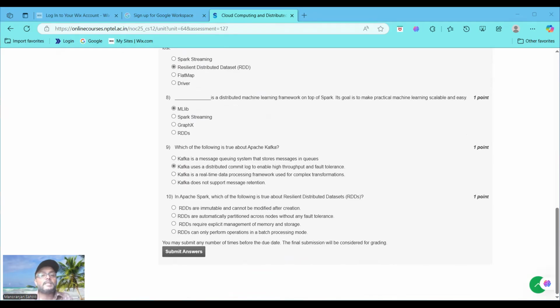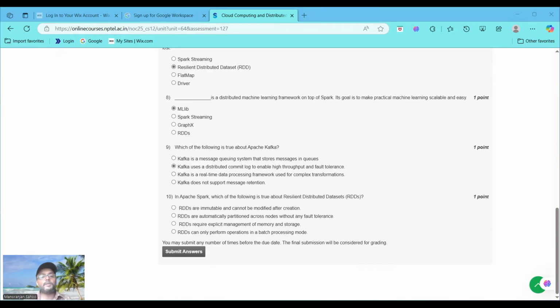Kafka is a distributed streaming platform that uses a distributed commit log for message storage, ensuring high throughput and fault tolerance via replication. A is incorrect because Kafka uses topics and partitions, not traditional queuing. C is incorrect because Kafka is a messaging system, not a processing framework, though it supports processing via streams.